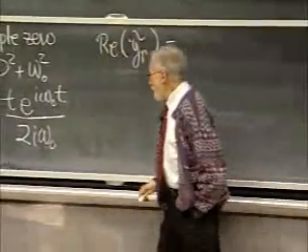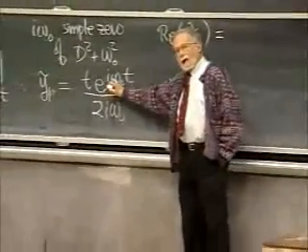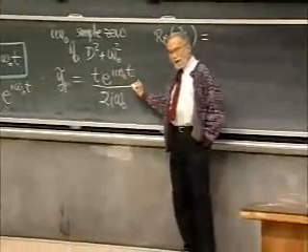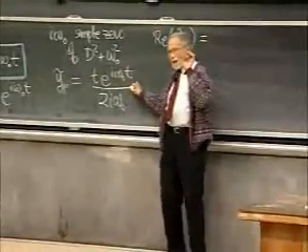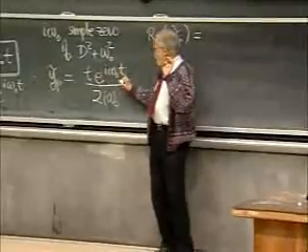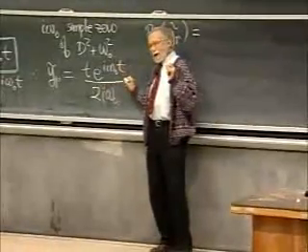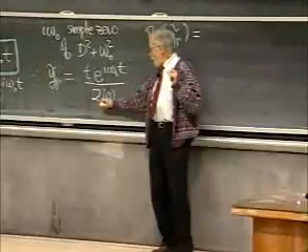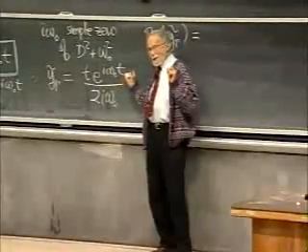The top is cosine plus i sine, so the real part will come from the sine, because this i divides out the i that goes with the sine.